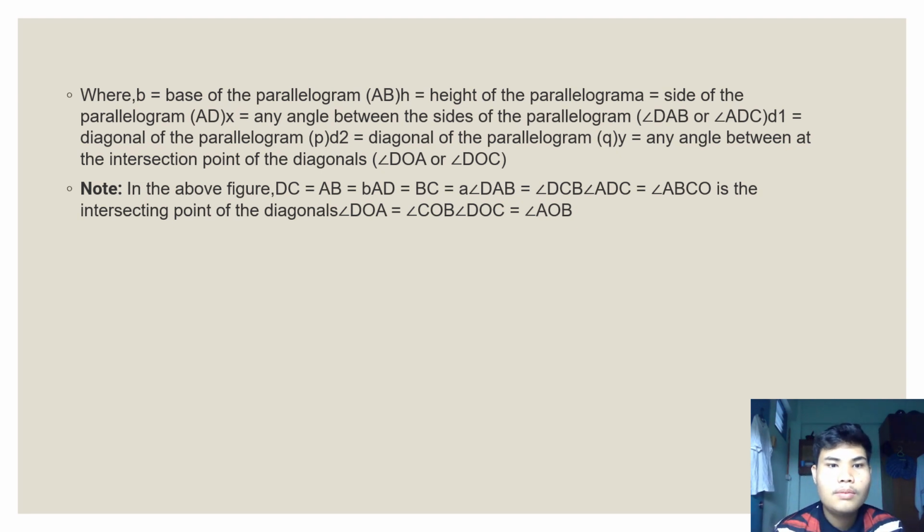Note, in the above figure, DC equals AB, BC equals AD, angle DAB equals angle DCB, angle ADC equals angle ABC, O is the intersecting point of the diagonals, angle DOA equals angle COB, angle DOC equals angle AOB.